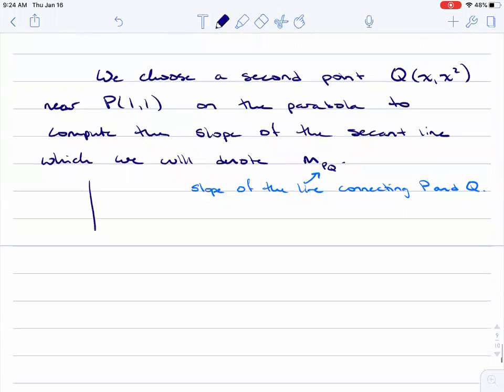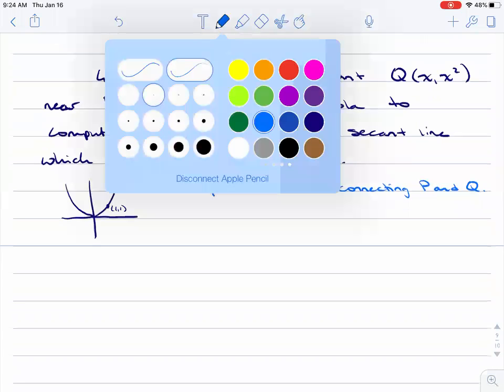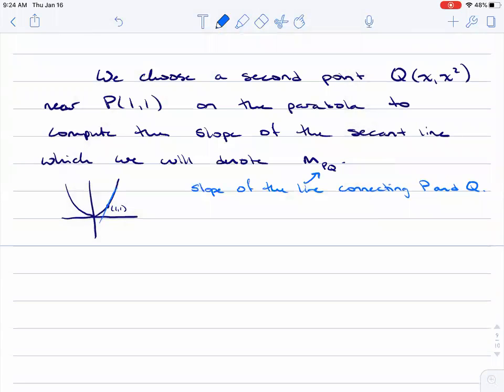So what we're going to have is something like this. If we've got x squared, something like this, here's 1, 1.